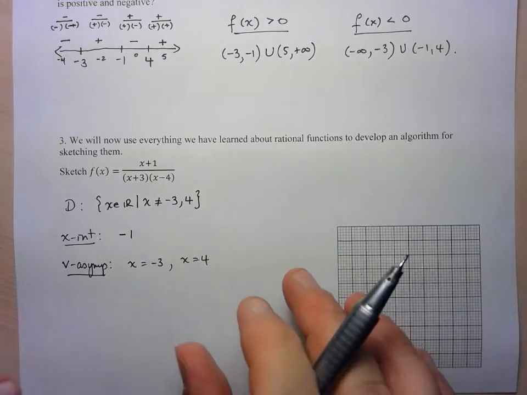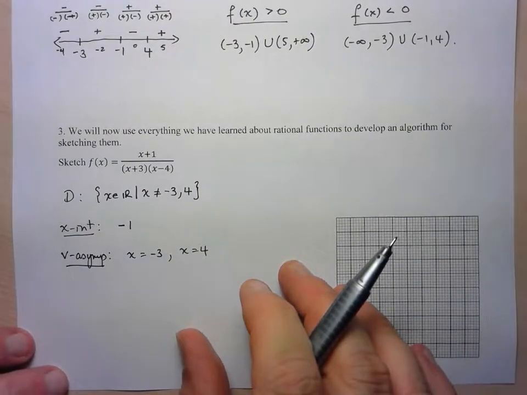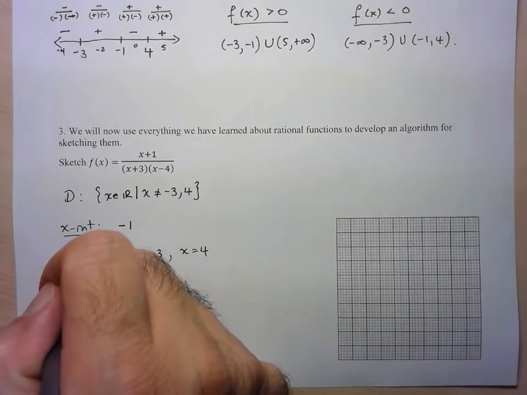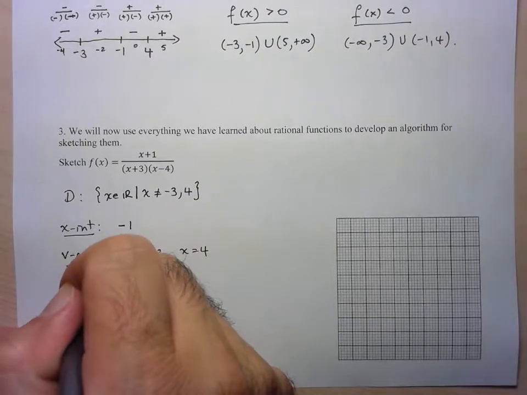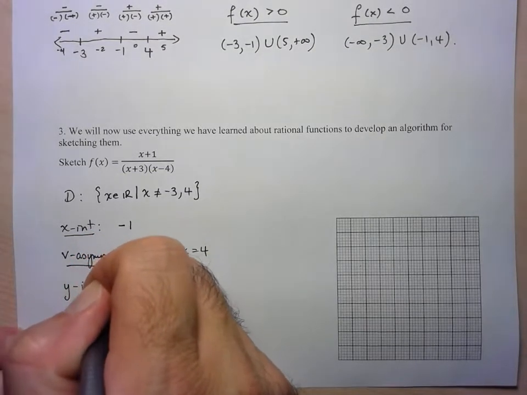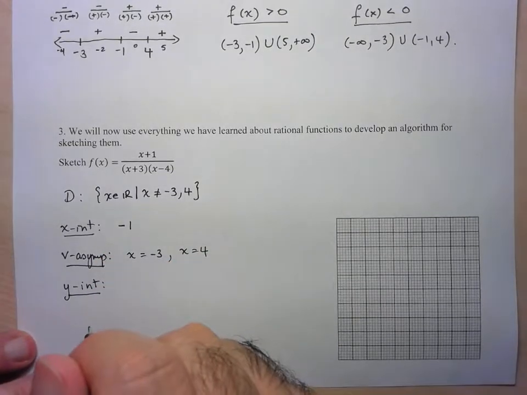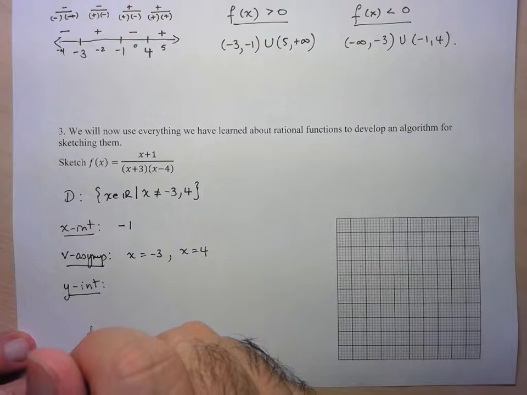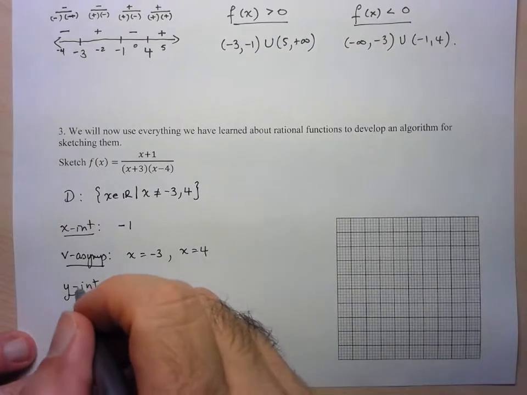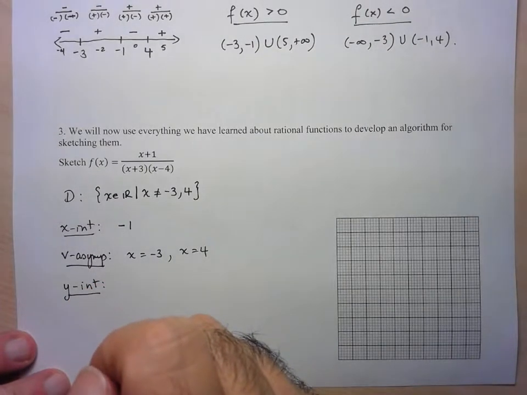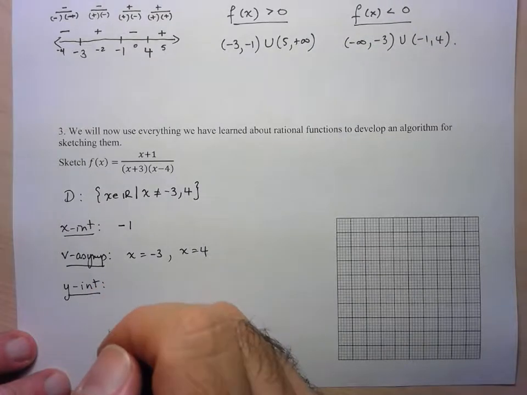Okay, now before I get to the end behavior, we're not putting a lot of stock into the y values these days because we still have the same problem as we had with polynomials. We still don't have a method for determining maxima and minima, but something that is helpful for sketching the graph is at least the y-intercept.